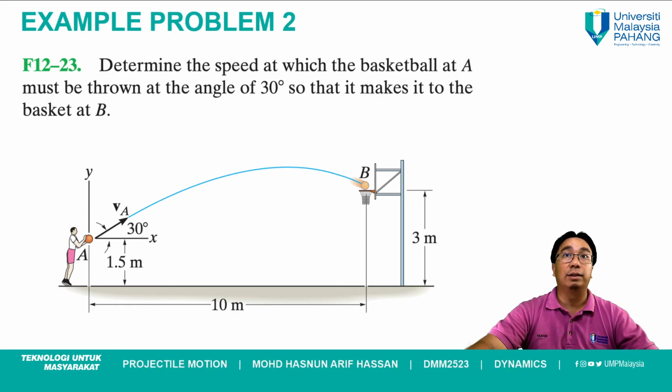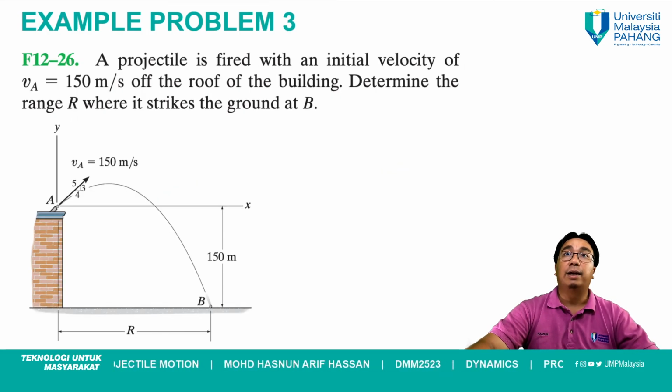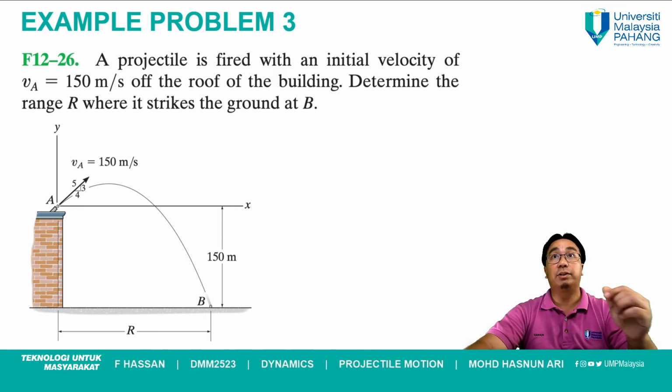12.23 ni, determine the speed at which the basketball at A must be thrown at angle of 30 degrees. So berapa VA ni should be so that it will make into the basket di B. Okay, this is one. And then a projectile is fired with initial velocity 150 meter per second off the roof.